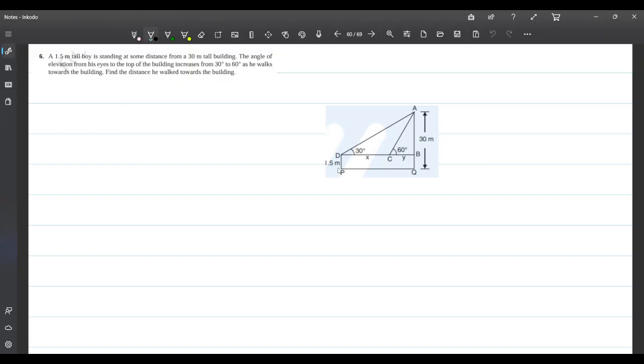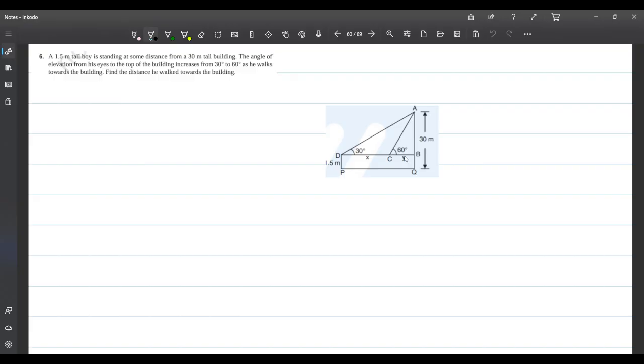So let a 1.5 meter tall boy be DP, find the angle of elevation of the top of a building A. So let DCB be the horizontal eyesight.